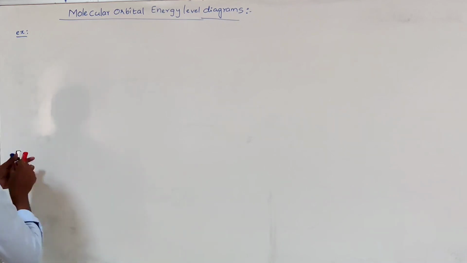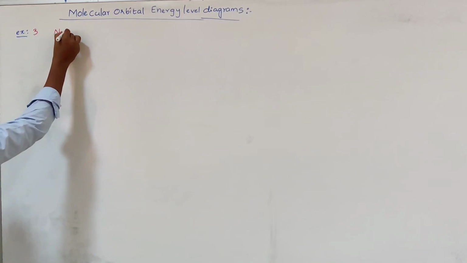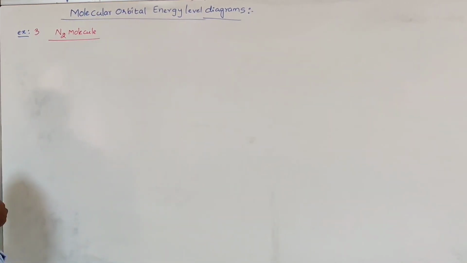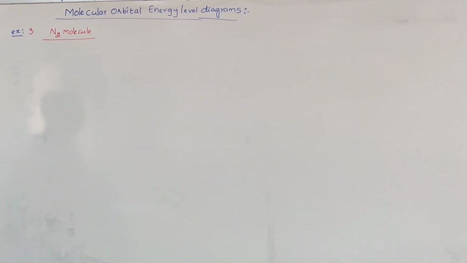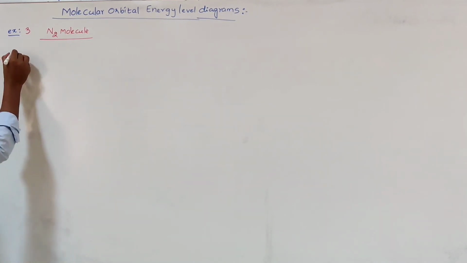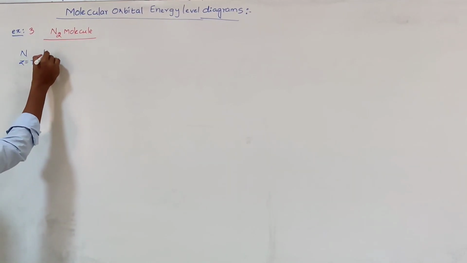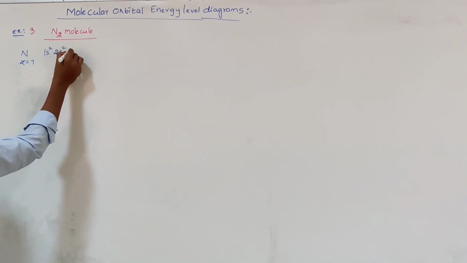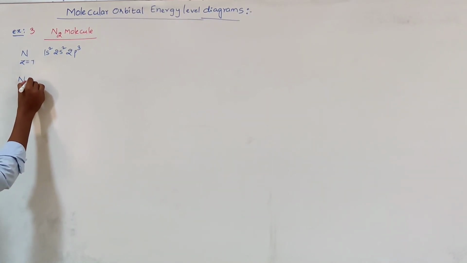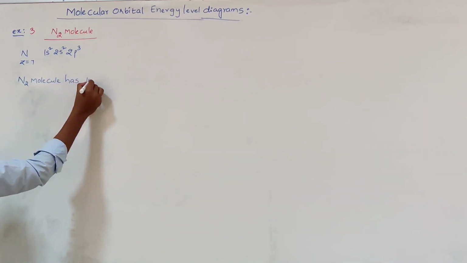Example 3 is the nitrogen molecule, N2. The nitrogen molecule is formed by the combination of two nitrogen atoms. Each nitrogen atom has 7 electrons, 1s2, 2s2, 2p3, so the N2 molecule has 14 electrons.